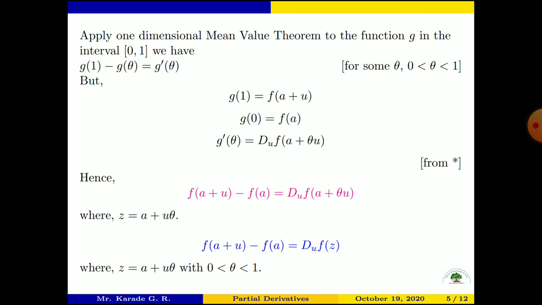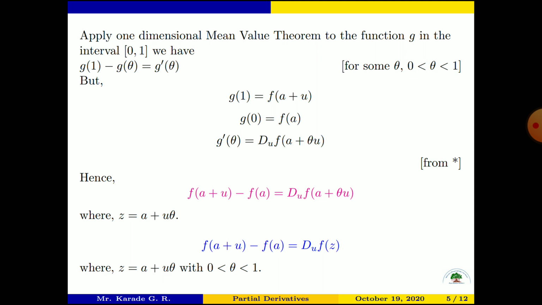Here it is not g of theta, it is g of 0. But g of 1 is f of a plus u, and g of 0 is f of a. Also we have g dash of theta is equal to du f of a plus theta u.